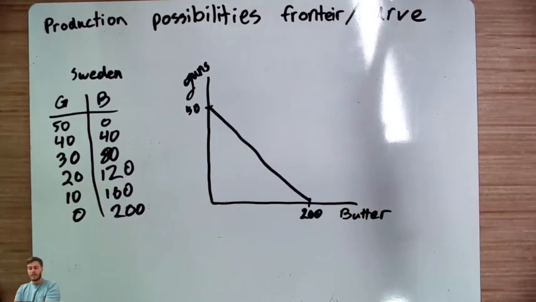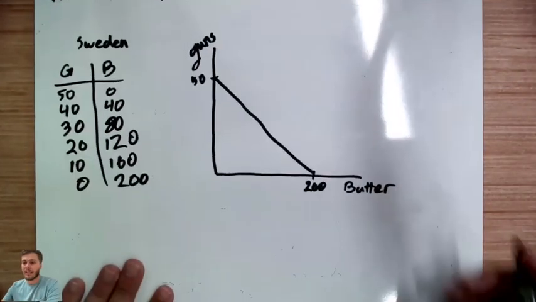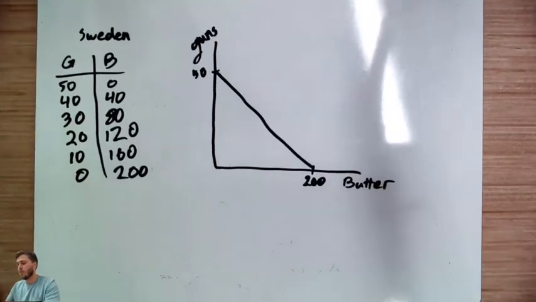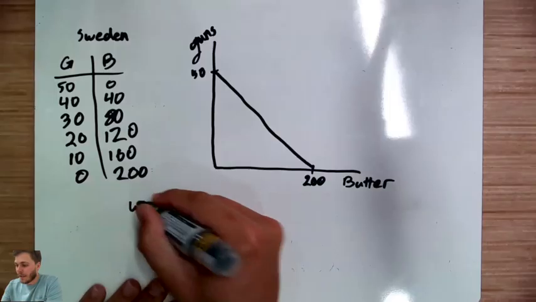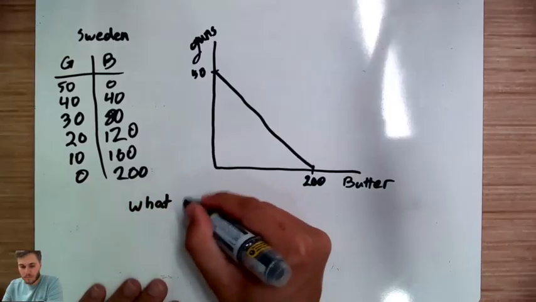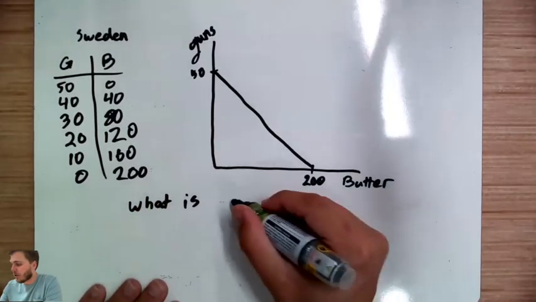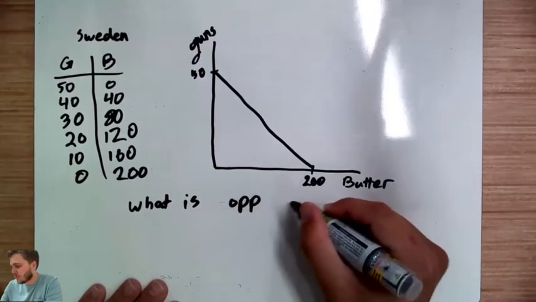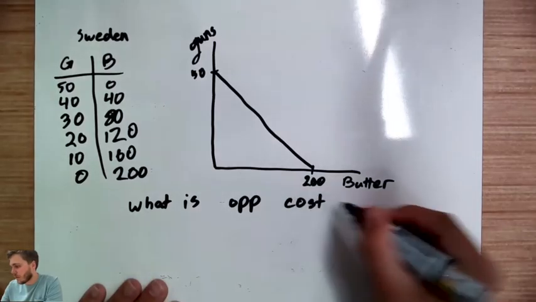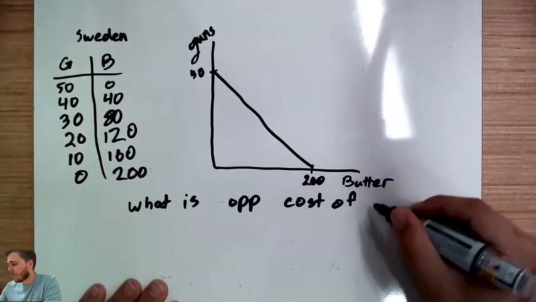Now, with this, we have more information, and more things that we want to talk about. So, the first thing I want to ask is, what is the opportunity cost of making butter for Sweden?